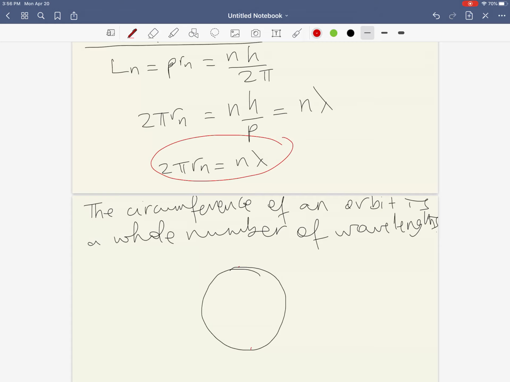Let's do this for the case where we have only 4. So this is one wavelength. This is another one. This is another one. This is another one. Good. So you can only fit a whole number of electron waves, the de Broglie interpretation. So this is one, this is another, it's 2, this is another, and this is a third. So it is upon this basis that maybe the quantization of angular momentum was successful.